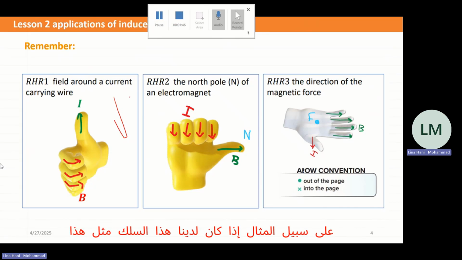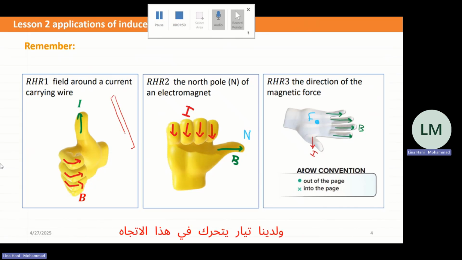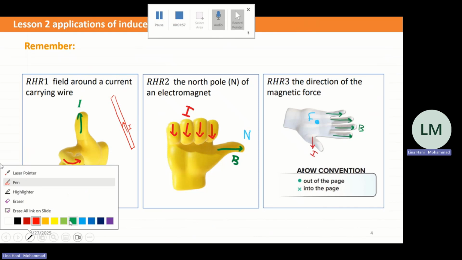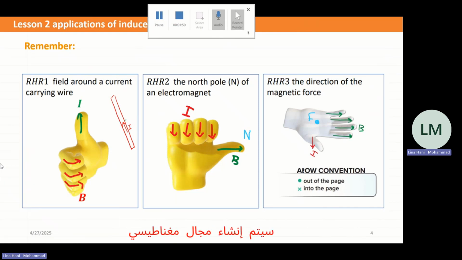For example, if we have this wire like this, and we have a current moving in this direction, then a magnetic field will be generated around the current-carrying wire in the shape of concentric circles that move further and further away from one another as we go further from the wire, just like this.